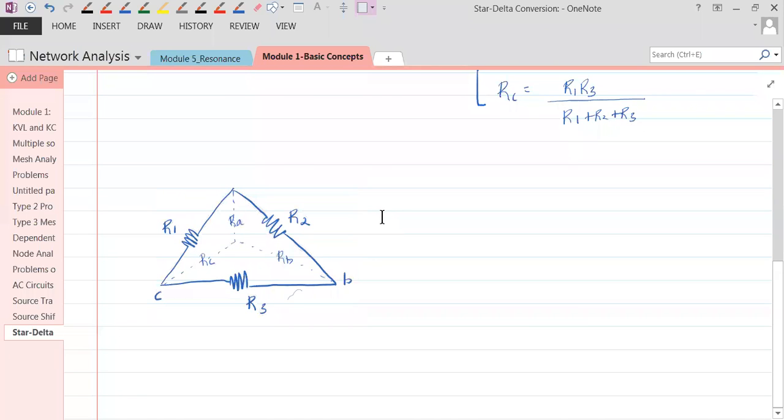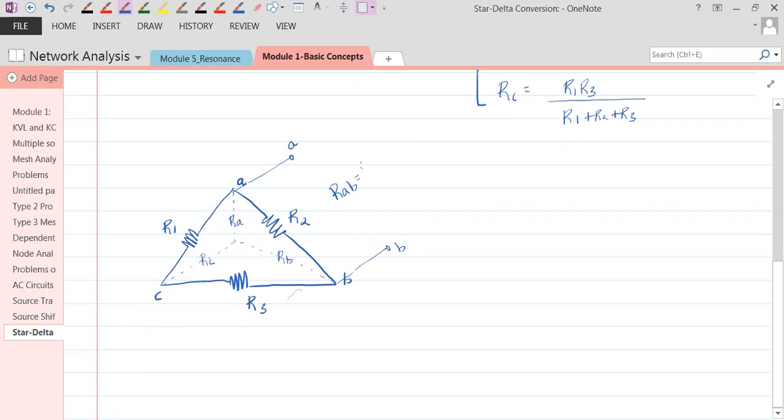Okay, I've taken this. Here is A. Now, what I'm telling you is, let's extend these. This is terminal A and this is terminal B. So what is being asked?